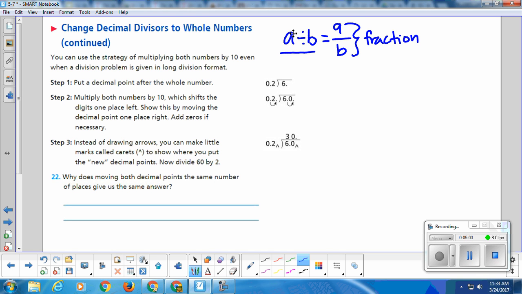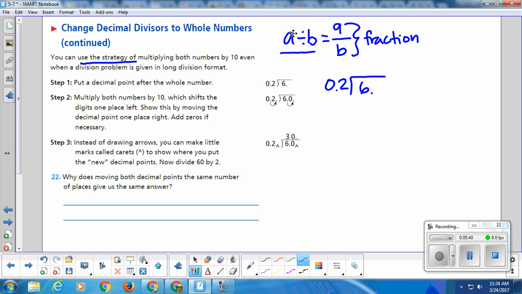So, here's a strategy. Instead of turning it into an equivalent fraction, here's another way to do it. Put a decimal point after your whole number. So I'm going to rewrite this so you can see it, but here's 2/10, and here's my 6. So it's still 6 divided by 2/10. Same problem. You're going to put the decimal point after the whole number. You following me? I'm trying to go fast for those of you who understand. Then, multiply both numbers by 10.